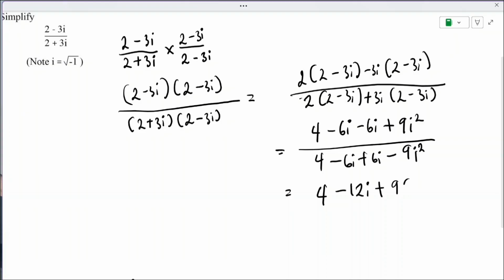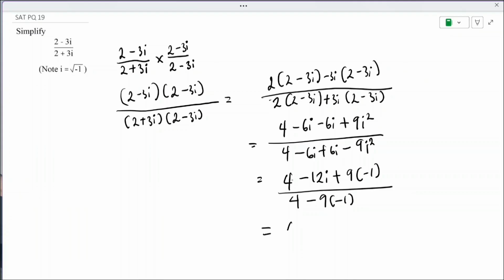So you have minus 1 here, you close your bracket, over 4. You have minus 6i plus 6i. You are owing 6, you have 6. If you pay back, you have nothing. So both will cancel out. You have minus 9. And i square is negative 1. So you put negative 1 in bracket.